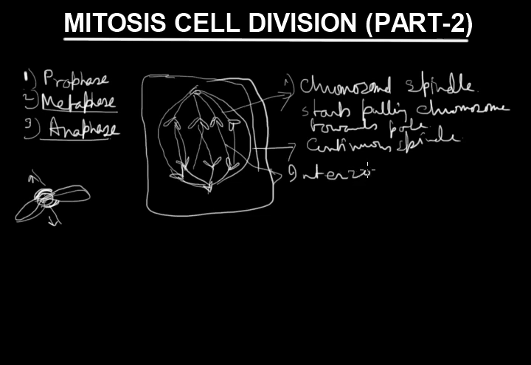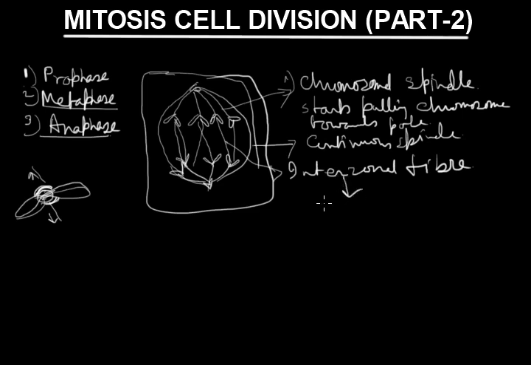The splitting of the centromere leads to the formation of interzonal fiber.